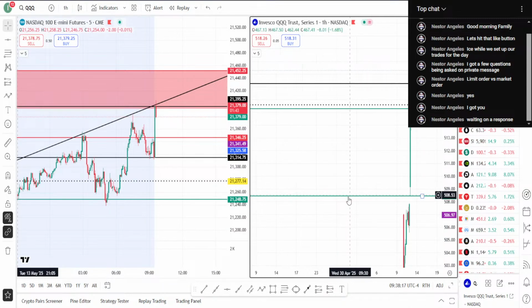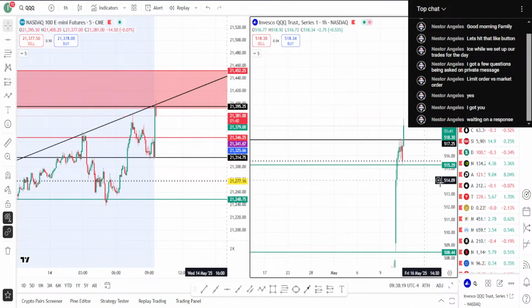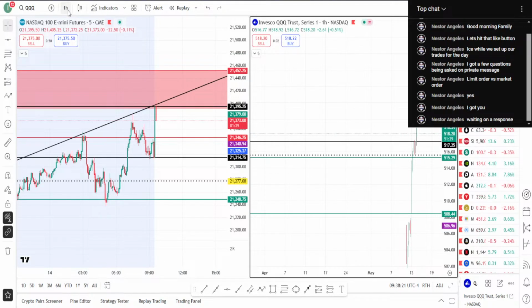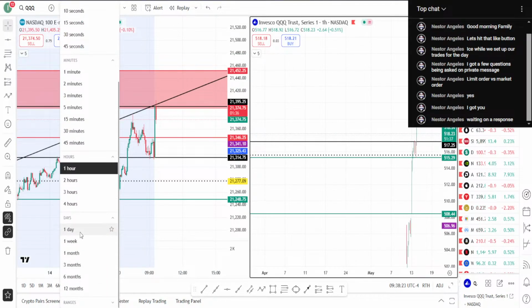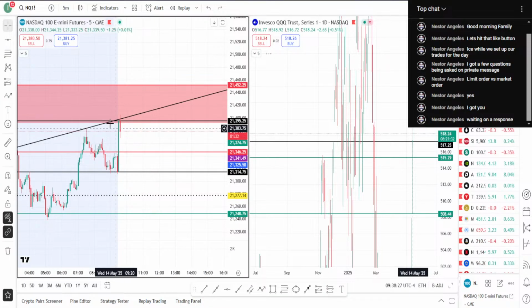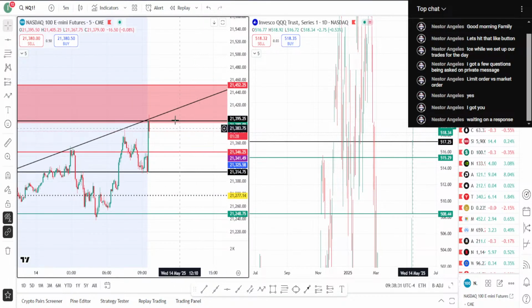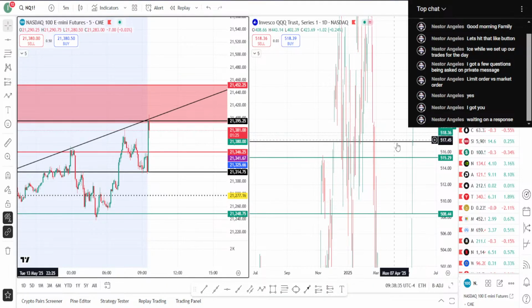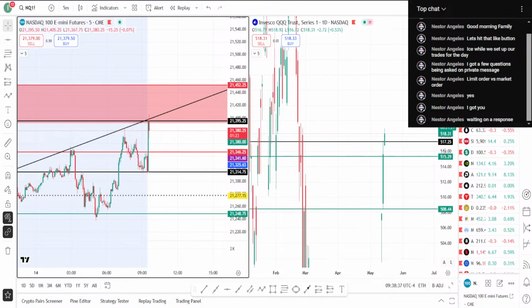Waiting on a response. All right, cool. While we wait, let's get these charts ready. See, there's some sellers here. This is why I was saying I wouldn't want to buy up there. Too close to resistance. Actually, right up against resistance. So super good.